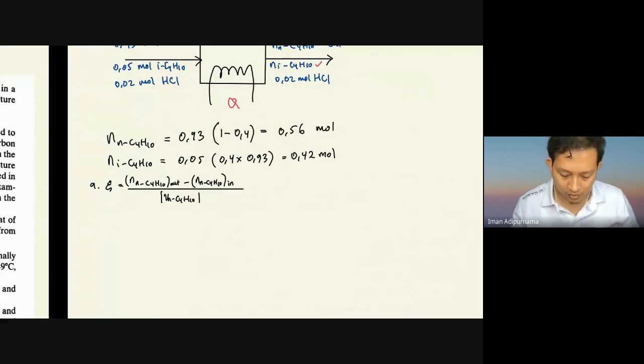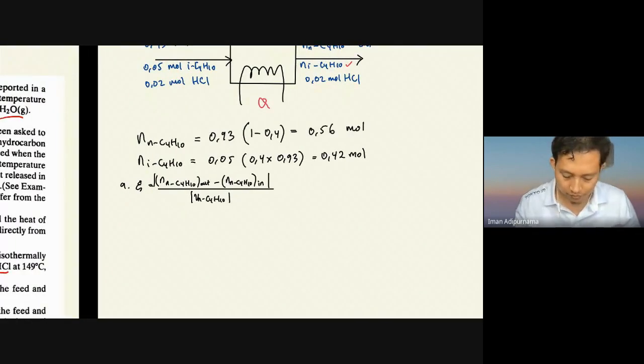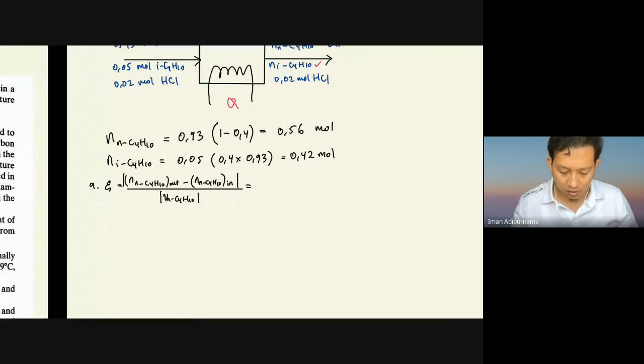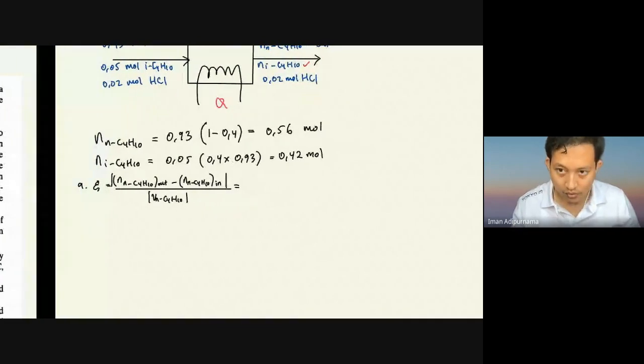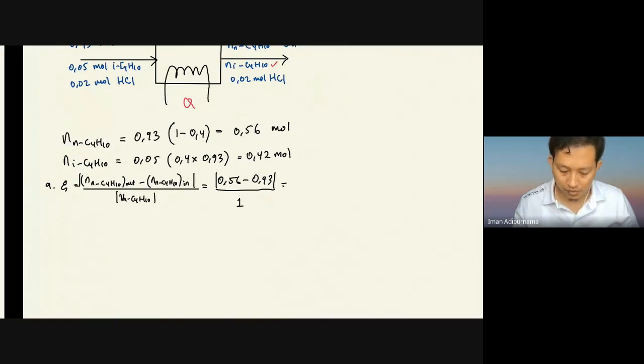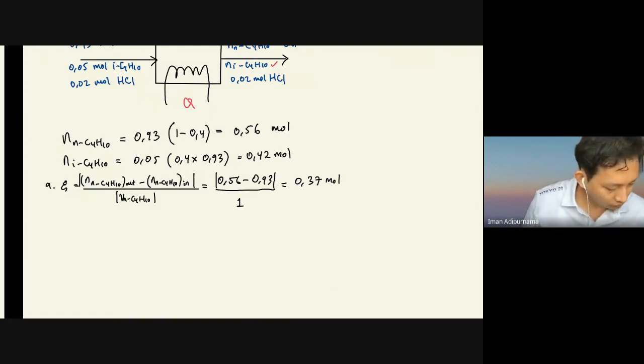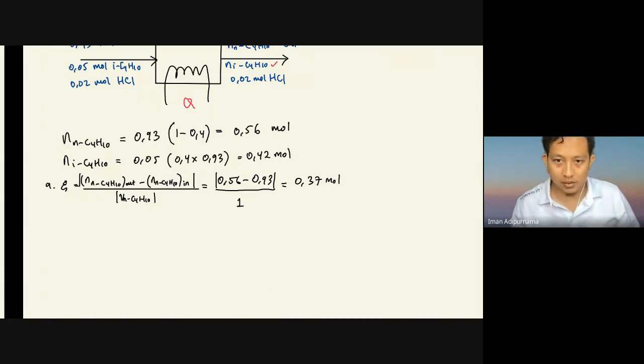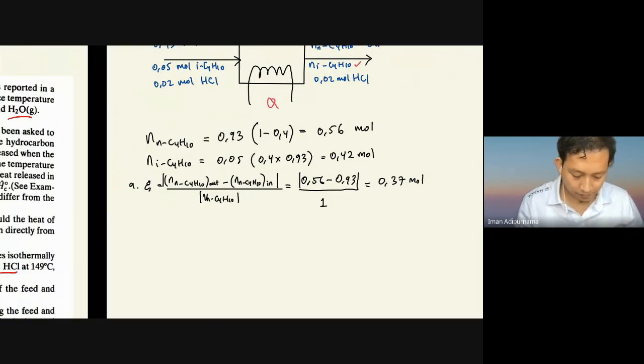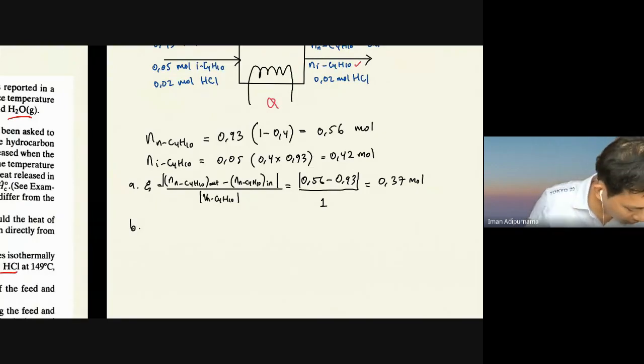We can write this as an absolute value. Out is 0.56 minus 0.93, absolute value, divided by 1. This will be 0.37 mole.